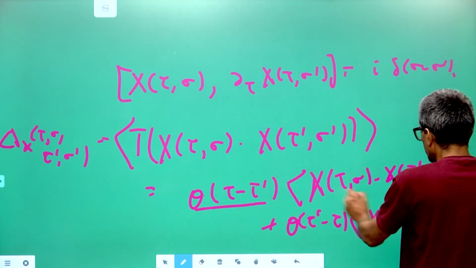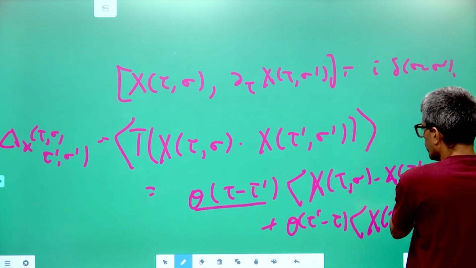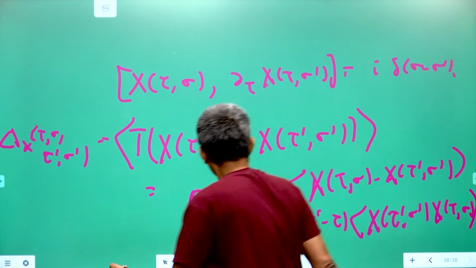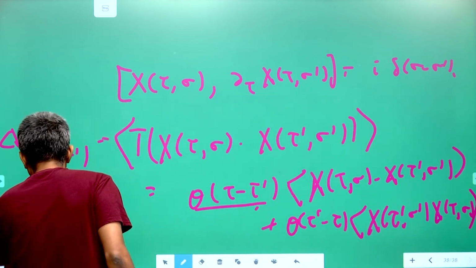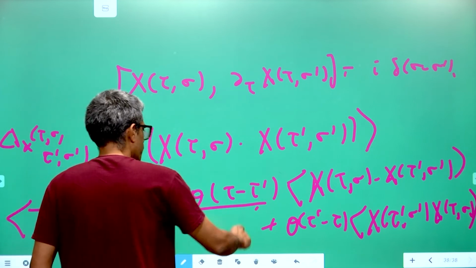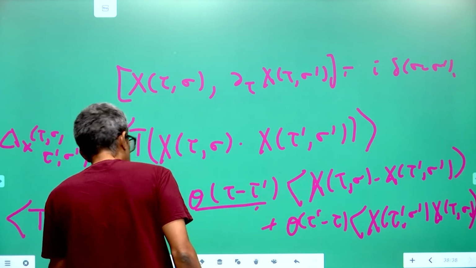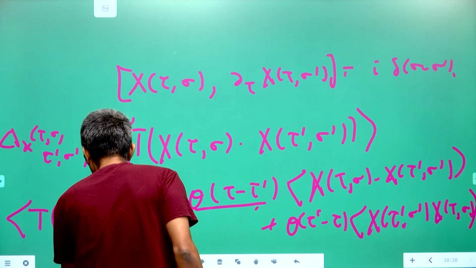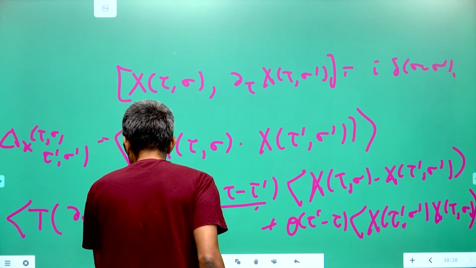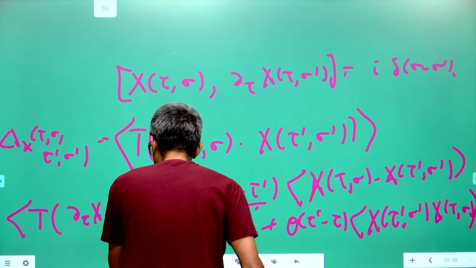So you will get an equal time commutator between two position fields, which is 0. But if I hold this fixed and differentiate this, what will I get? That will give a non-zero contribution, right. So if you differentiate with respect to τ, I will get the time ordered version of ∂τX multiplied by X'. X' means X evaluated at τ', σ'.